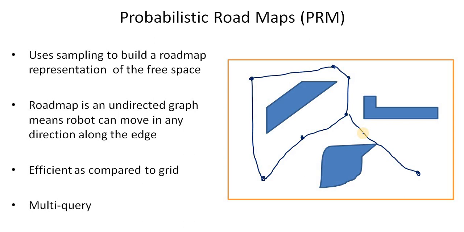This is the multi-query method for path planning. Multi-query means that you can use it multiple times to find a path, and the reason is that it makes a roadmap, an undirected graph, and you can use this graph multiple times.